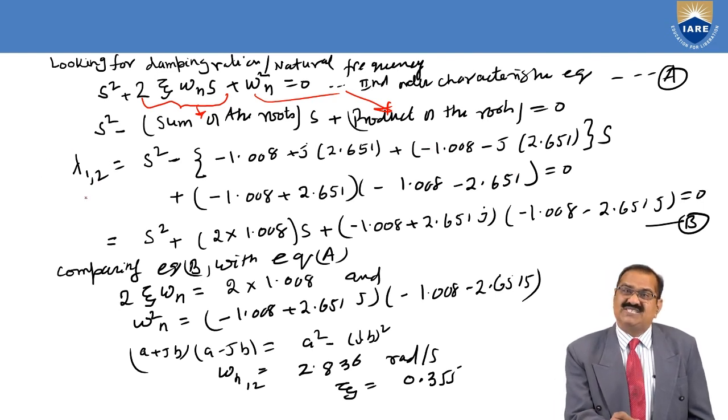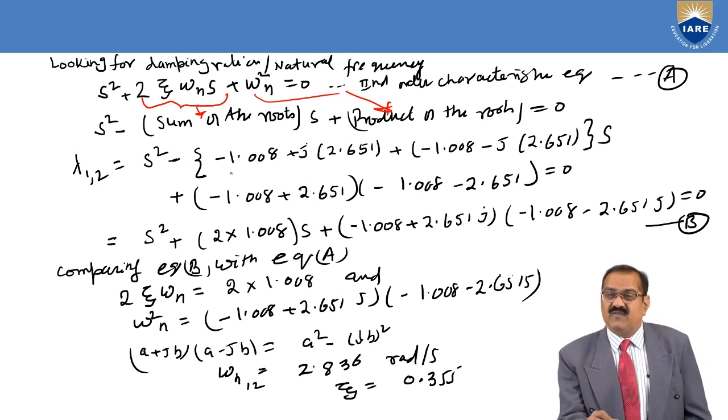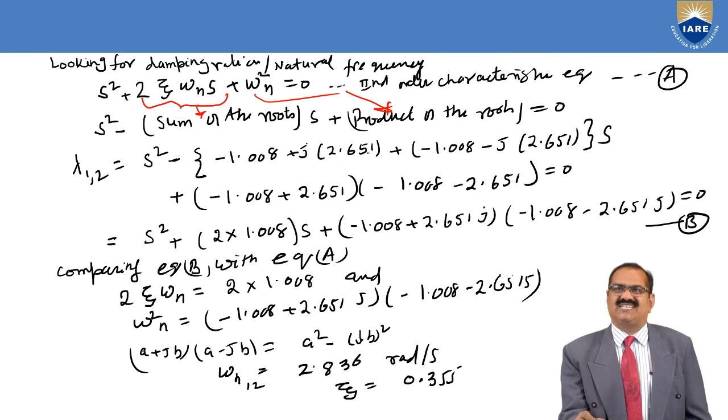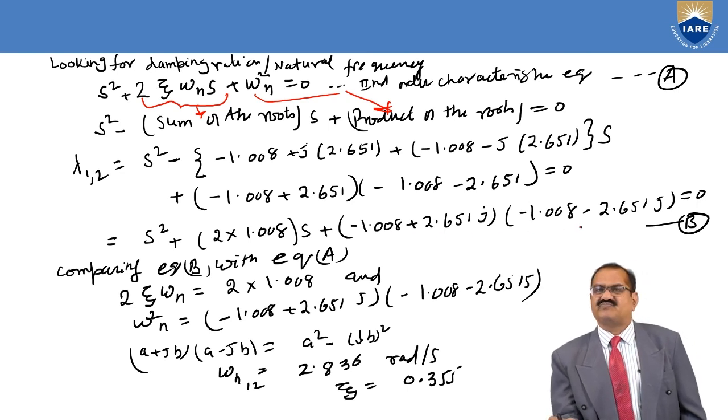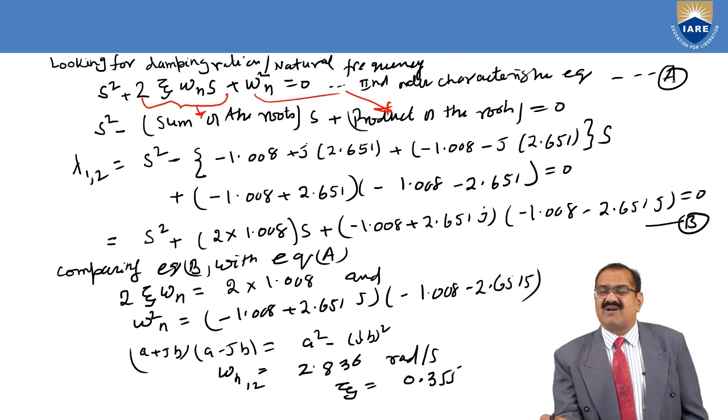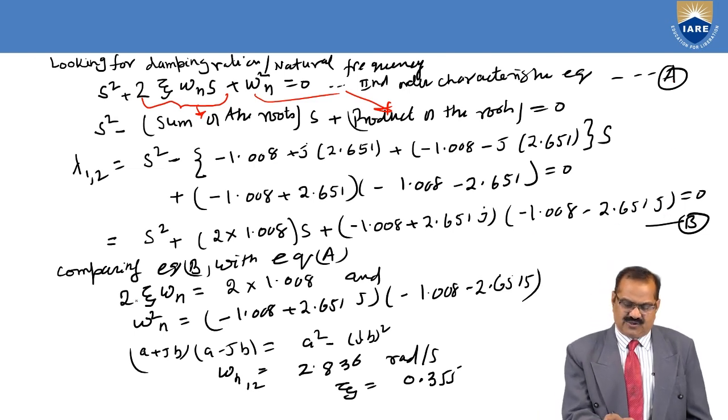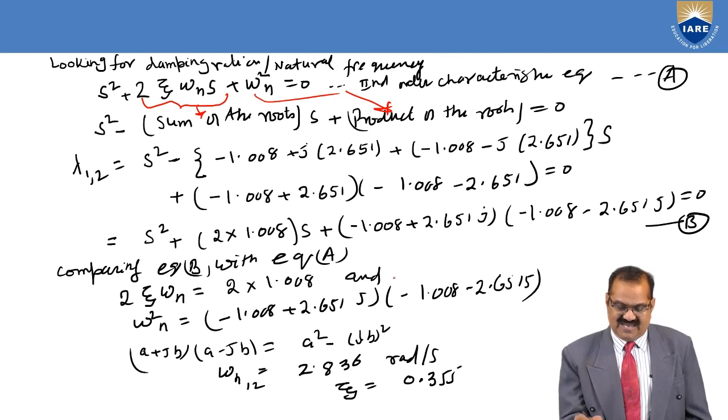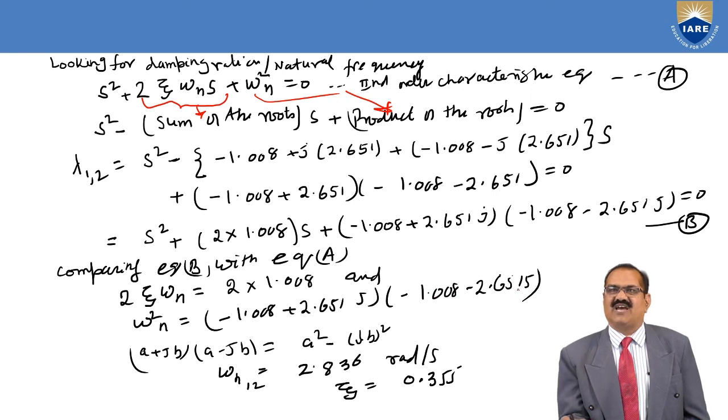So first, for the roots lambda 1, 2, we have to use the first equation. So with minus 1.008 plus minus j 2.651, if you put these values here, you can solve and compare the coefficients, and you will get that 2 zeta omega n is equal to 2 into 1.008 and omega n square is equal to the product of the roots, (minus 1.008 plus 2.651j) times (minus 1.008 minus 2.651j).